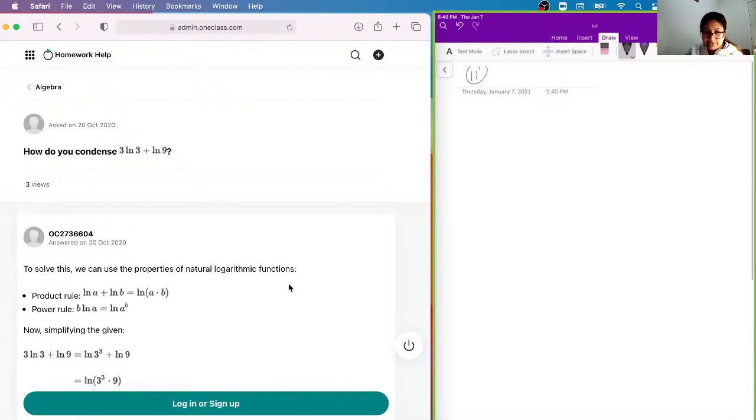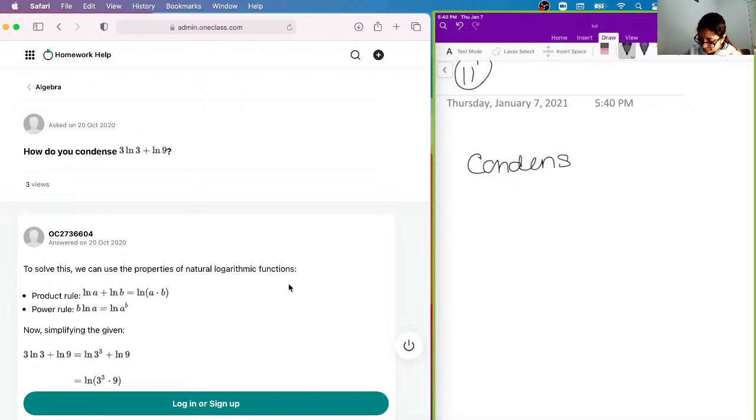Next question. We have, how do you condense 3 ln 3 plus ln of 9? Question says condense 3 ln of 3 plus ln of 9.